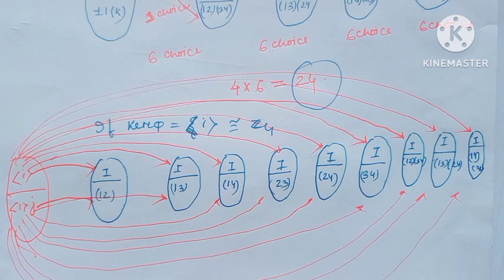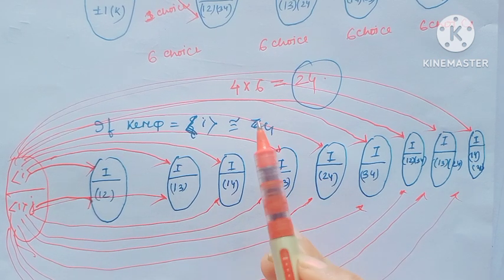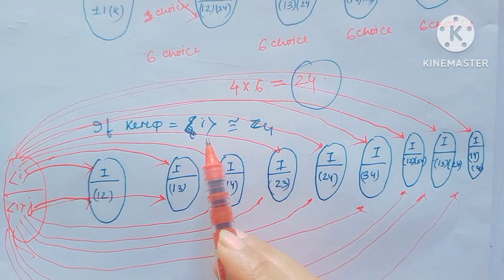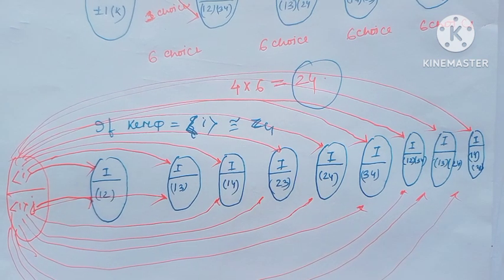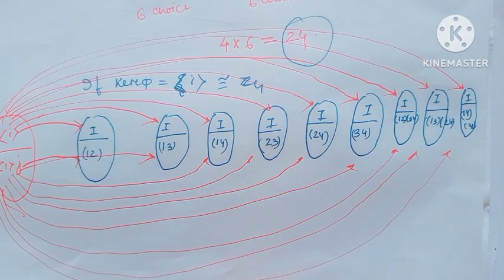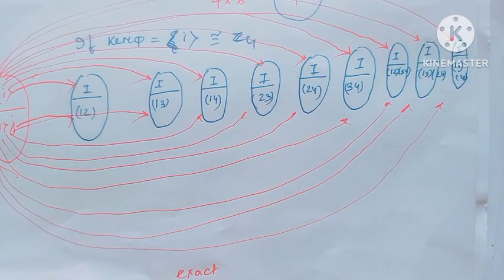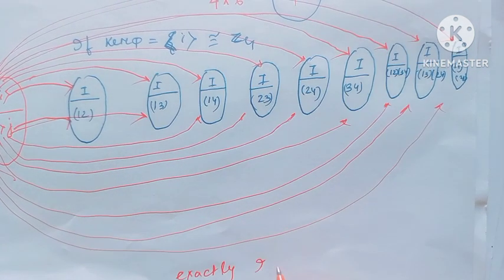That means when kernel phi equals the cyclic subgroup generated by i, there are exactly 9 homomorphisms.